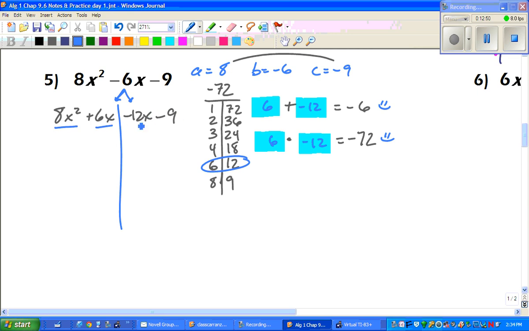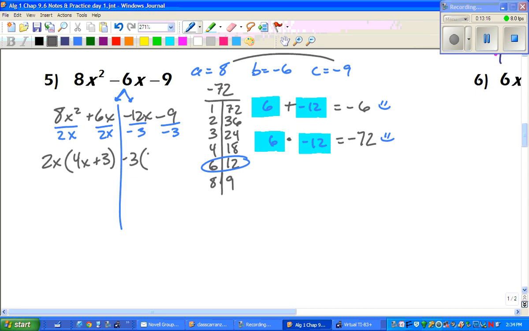Now, when we're taking the GCF out of the first set, it's not just x. Okay, we can also take out a 2. And back here, it's negative, and then 12 and 9, we can take out a 3. So we have 2x, and we're left with 4x plus 3.